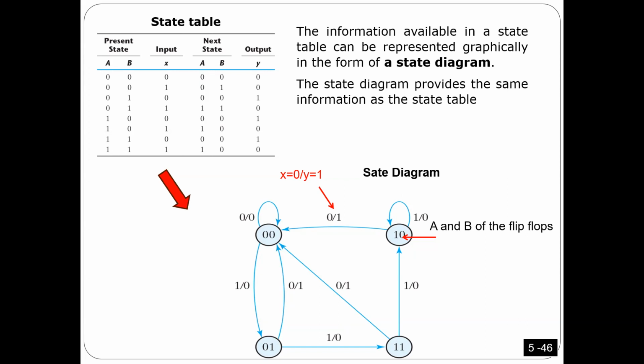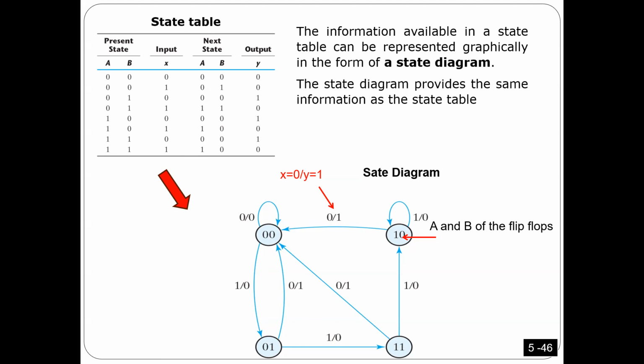Also, you should understand that transitions happen at the edges of the clock. Maybe I'm here, when the clock comes I stay here, another clock comes and I move here. Who decides whether this one stays or moves? x, the value of x.